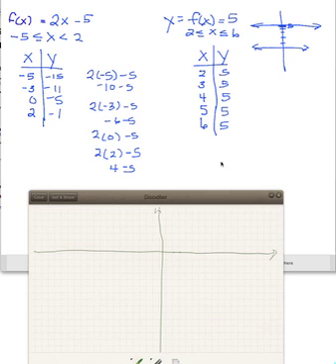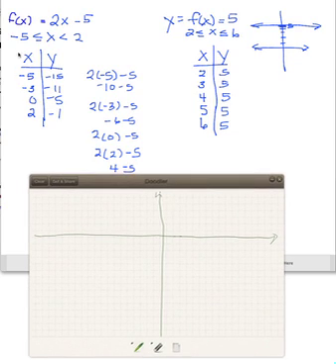Okay, and with the y-axis here, we need to label it to make sure that we have y values between 5 and negative 15. So let's see, this is 1, 2, 3, 4, 5, 6, 7, 8, 9, 10, 11, 12, 13, 14, 15.